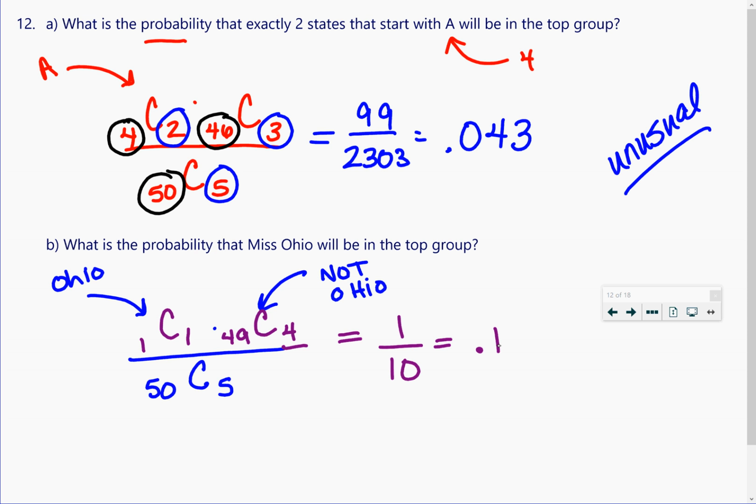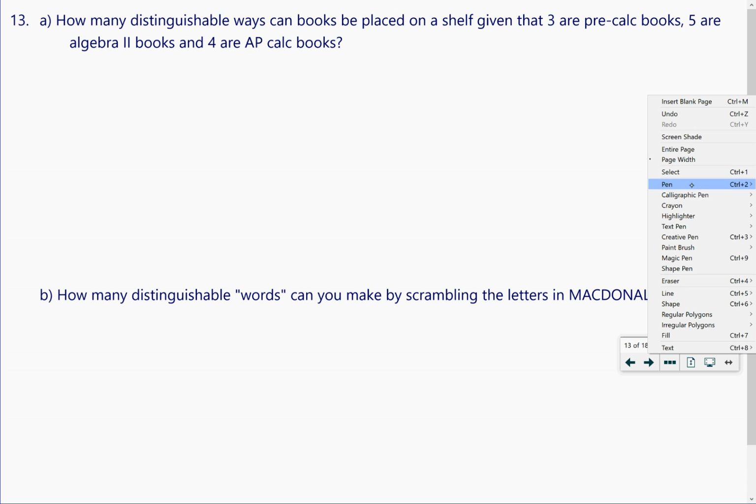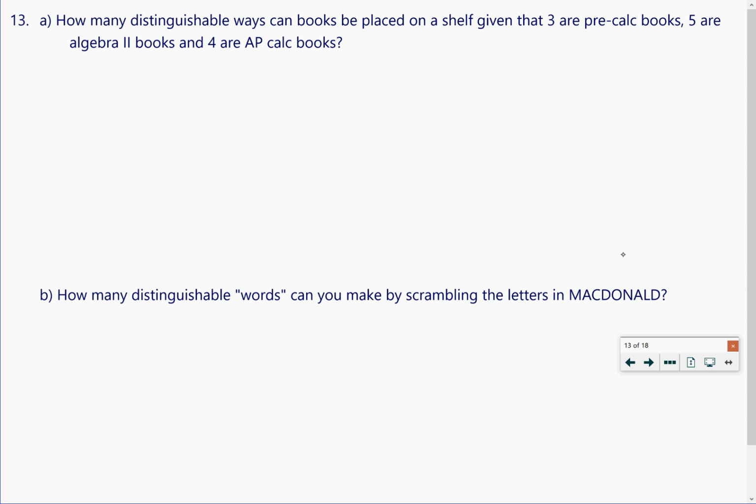Okay. Questions on 12? No more practice with that? All right, last but not least, number 13. We're talking about distinguishable ways here. That is important. How many distinguishable ways can books be placed on a shelf given that 3 are pre-calc books, 5 are Algebra 2 books, and 4 are AP Calc books?